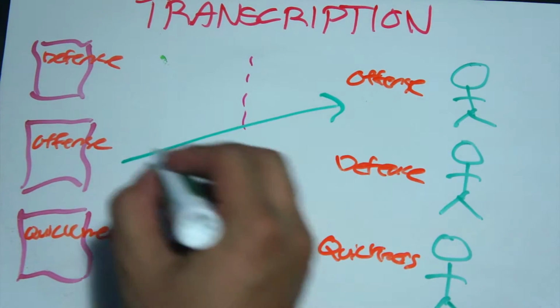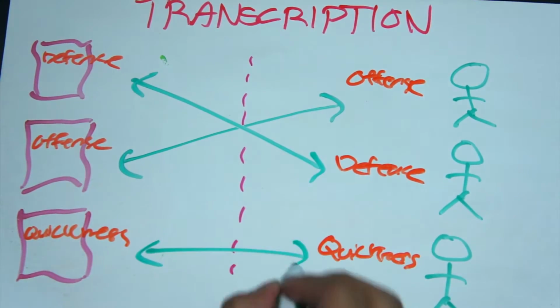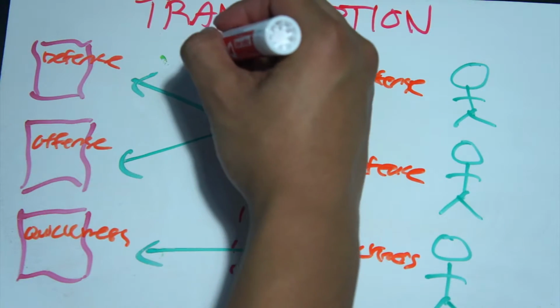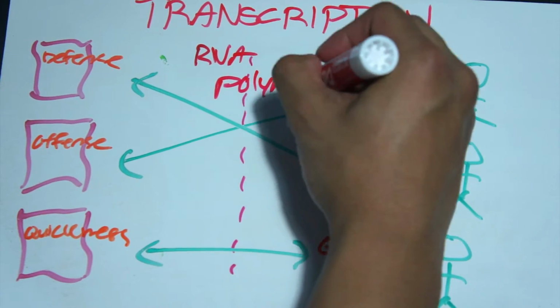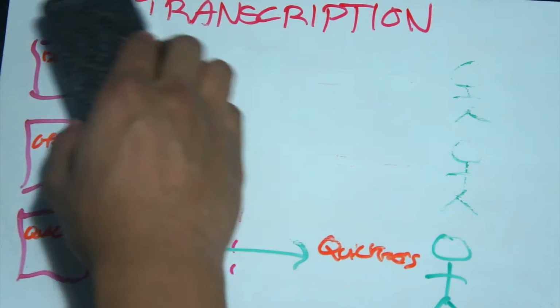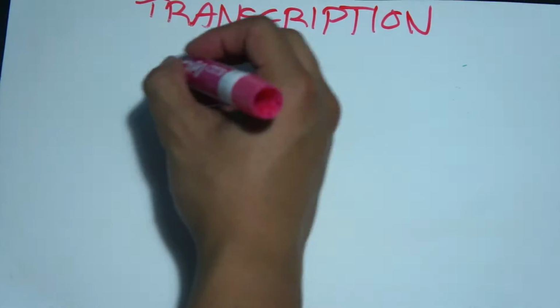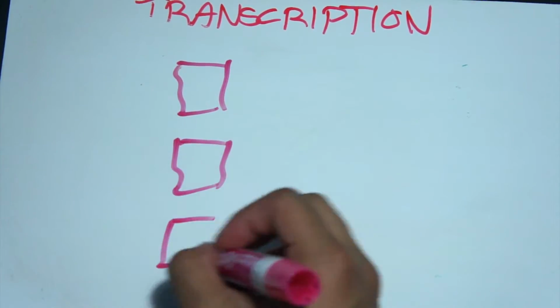So they match up to their different specialties and abilities. So the offensive scout picks up the offensive thing, and that is RNA polymerase. That's how they match up.